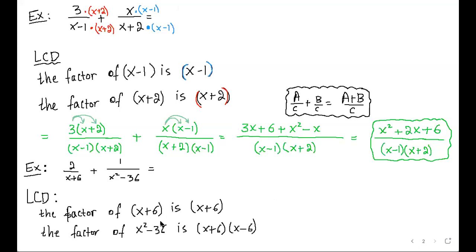This is the difference of squares. So we have a squared minus b squared, like from the previous section, open two parentheses. The first one has a minus b, the second one has a plus b.